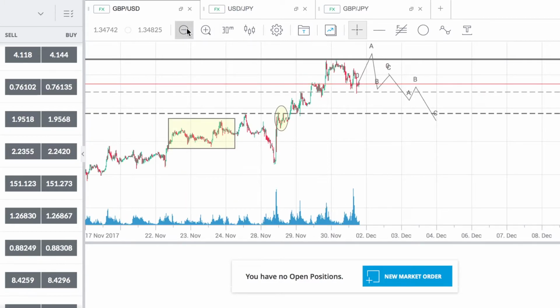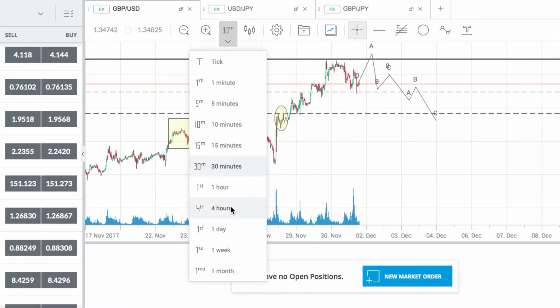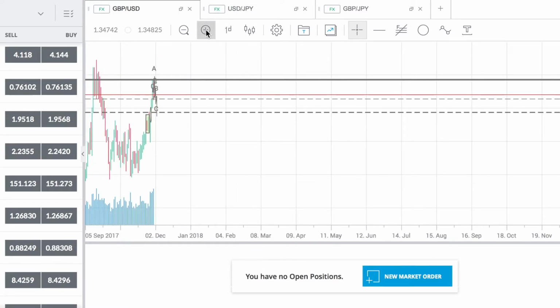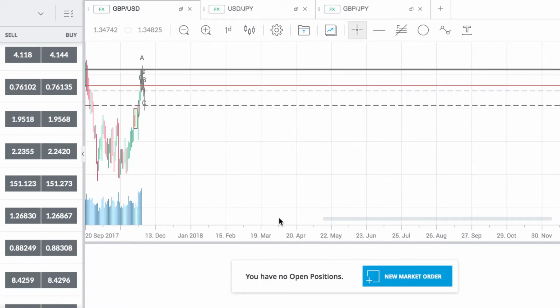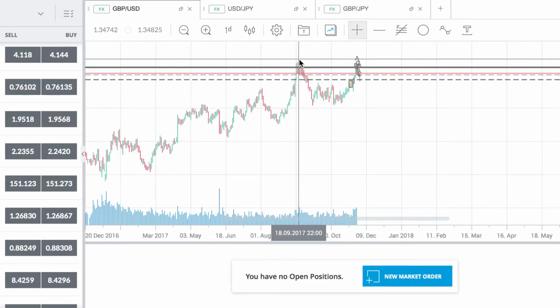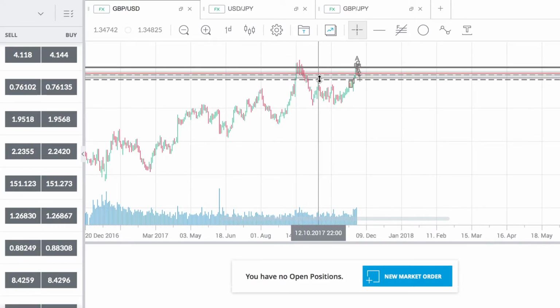We can even go back further if you want and look at more of a daily chart here, where it could reach, that's the 18th of September, so that level there.